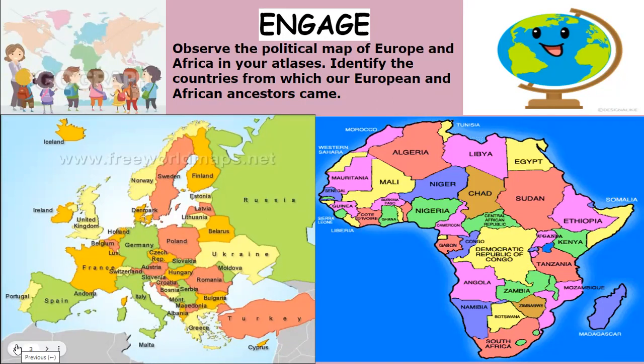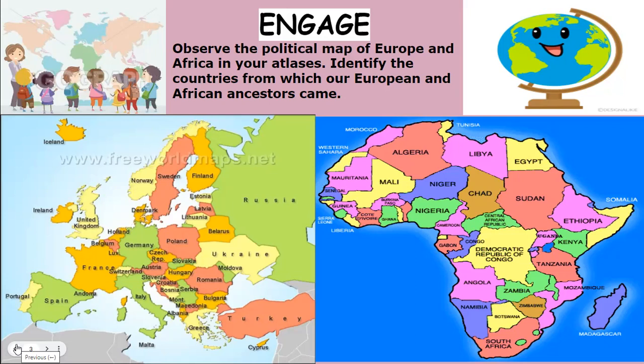So as you can see, the countries are Iceland, Ireland, the United Kingdom, Holland, France, Spain, Portugal, Turkey, Russia. Those are some of the European countries. Now to my right, that is a map of Africa.